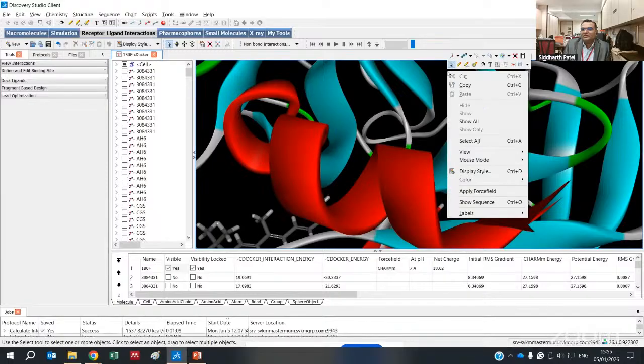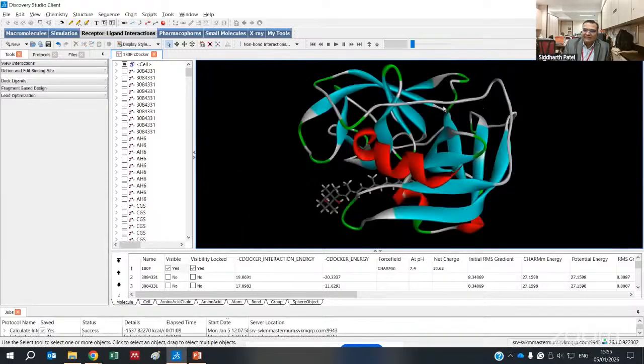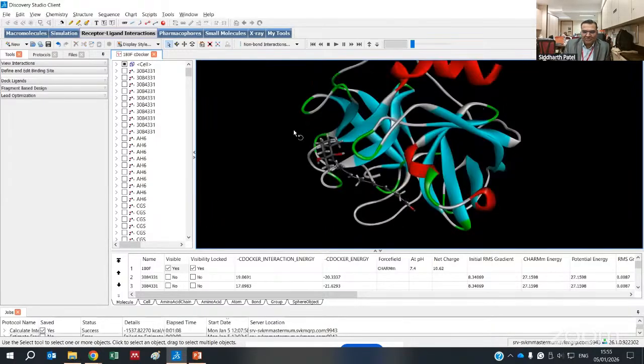The loops are those areas of the protein which give flexibility to the protein. All proteins are flexible to a certain extent, and that flexibility is because of the loops in the protein. So the 3D structure is available here.